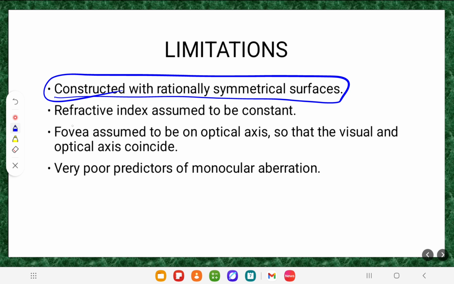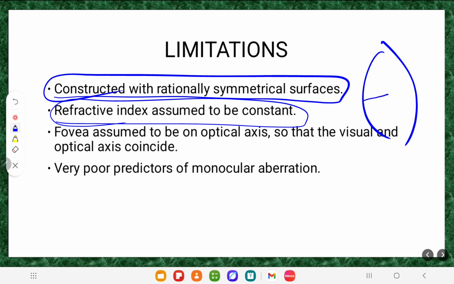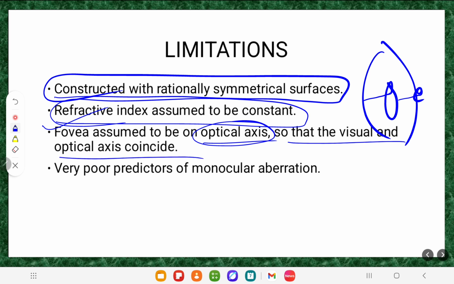And the refractive index is assumed to be constant, but it is not constant. Suppose the lens has a refractive index that gradually increases in the nucleus and gradually decreases towards the cortex, but we cannot do that, and we are not doing that. And the fovea is assumed to be on the optical axis. That's always impossible in the case of the eye. The fovea is never on the optical axis, but on the visual axis. So the visual axis and optical axis coincide, but in the actual eye, that never happens.